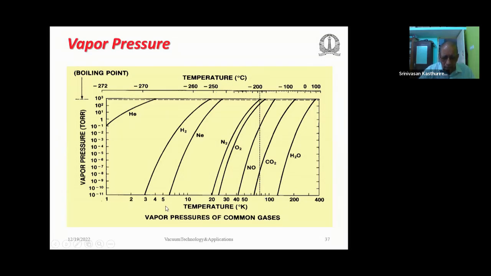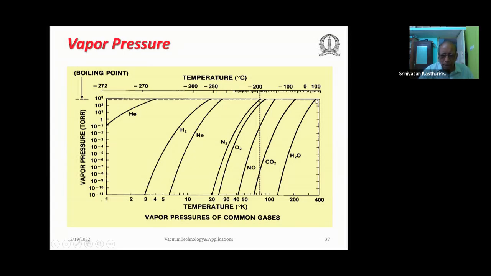The x-axis is the temperature scale in Kelvin, and the y-axis is the vapor pressure in units of torr. We can see here the boiling points of these various fluids. Water boils at 100 degrees centigrade, where the vapor pressure is 1 atmosphere.